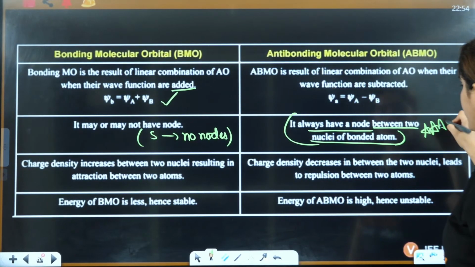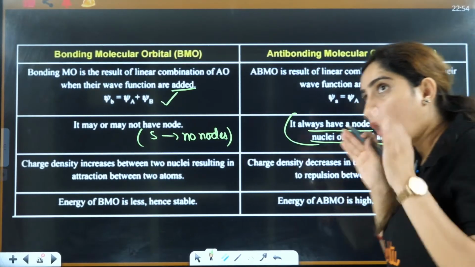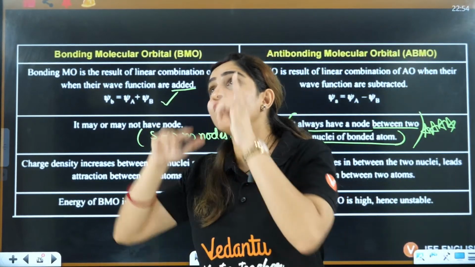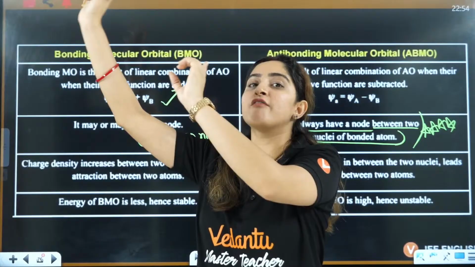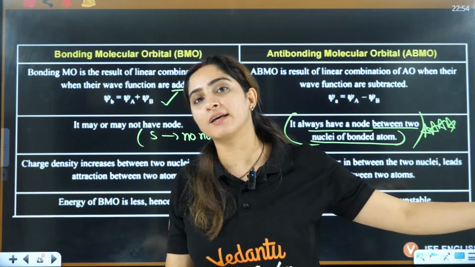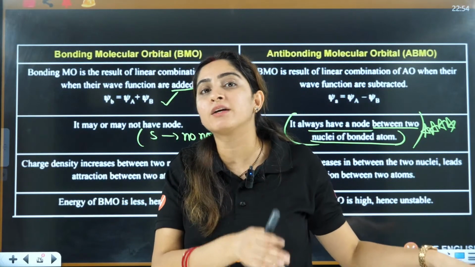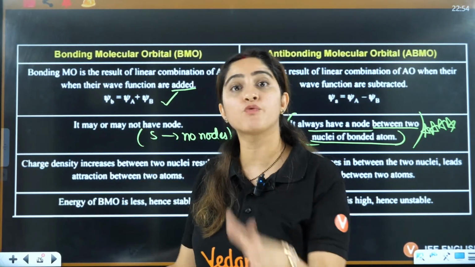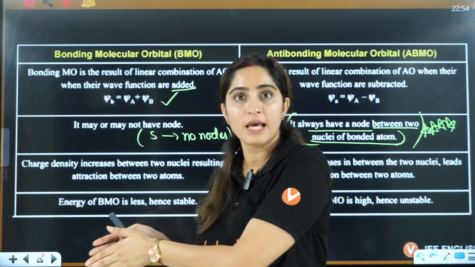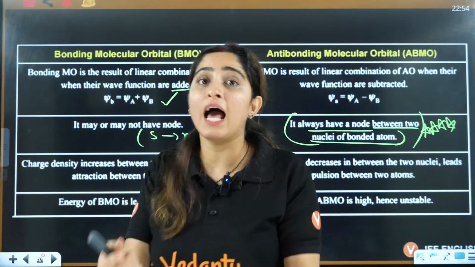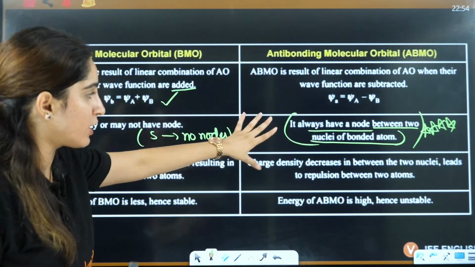This is very important. Those atomic orbitals which don't have nodes, even the molecular orbitals of those atomic orbitals, in anti-bonding even they will have nodes. Okay, this is a very important point.